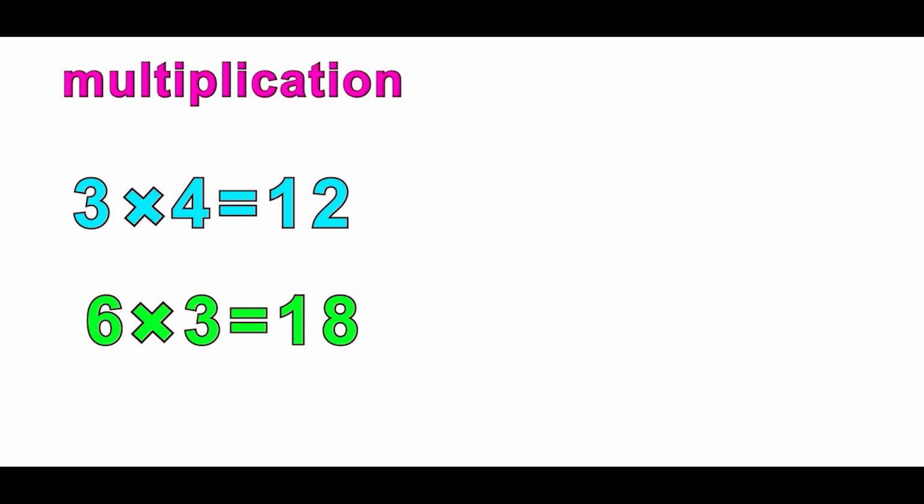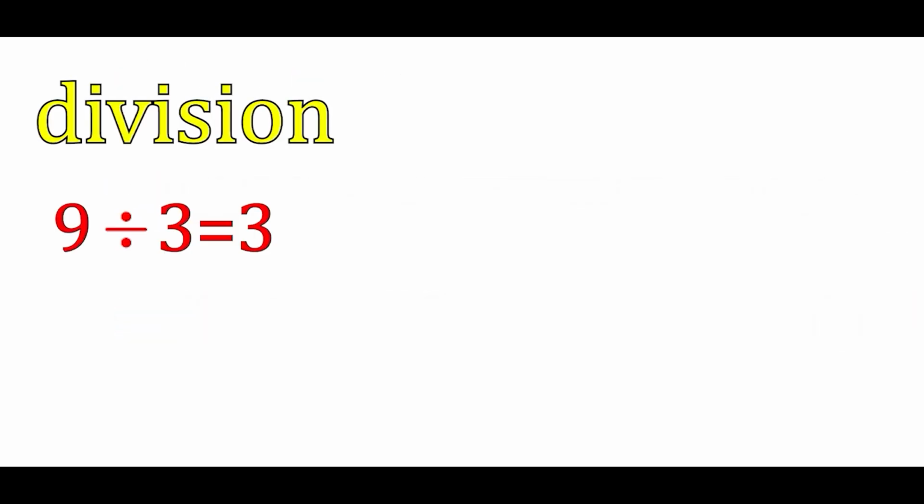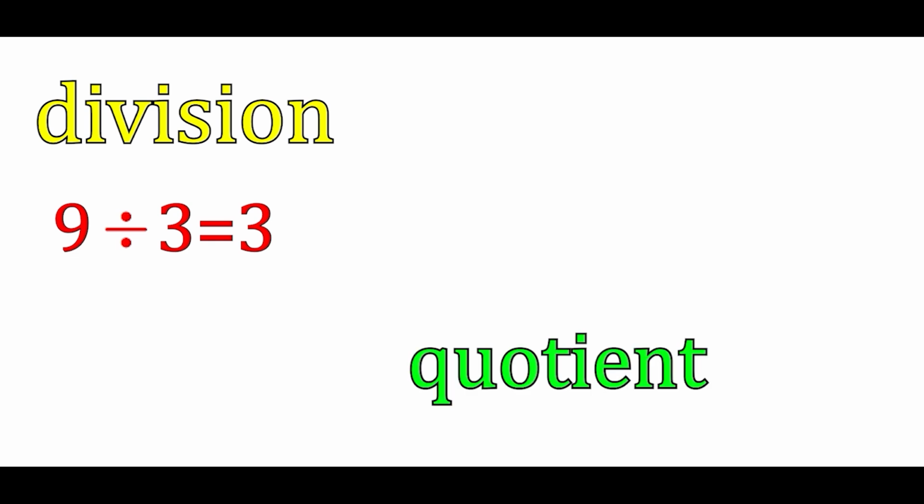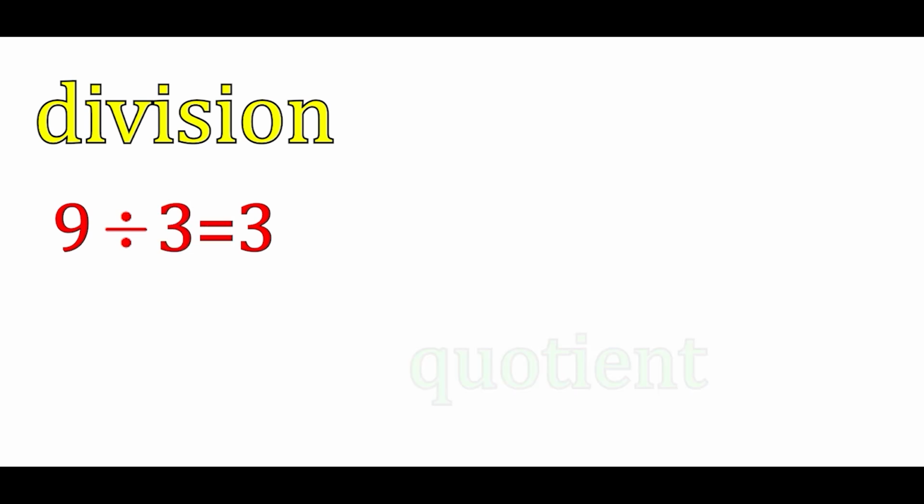Let's move on to another operation. Now let's move on to division. This symbol here is the division sign. The result of a division is called the quotient. We read the whole equation like this: 9 divided by 3 equals 3.